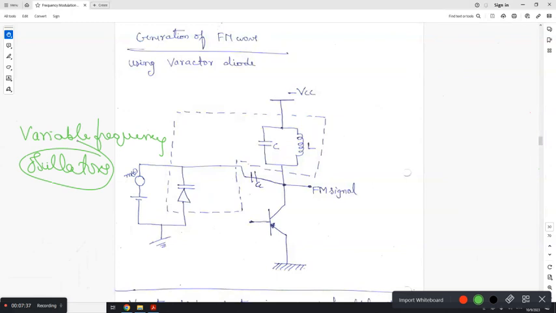So 18 students will be using 18 frequencies. I will tell you how to design it, and then I'll give the circuit, and you will be allotted a frequency, and you're supposed to generate an oscillator of that particular frequency. Have you understood this? It's simple. It is not more than 1 or 2 hours of work, maximum. You just have to build a circuit on the breadboard according to the design.